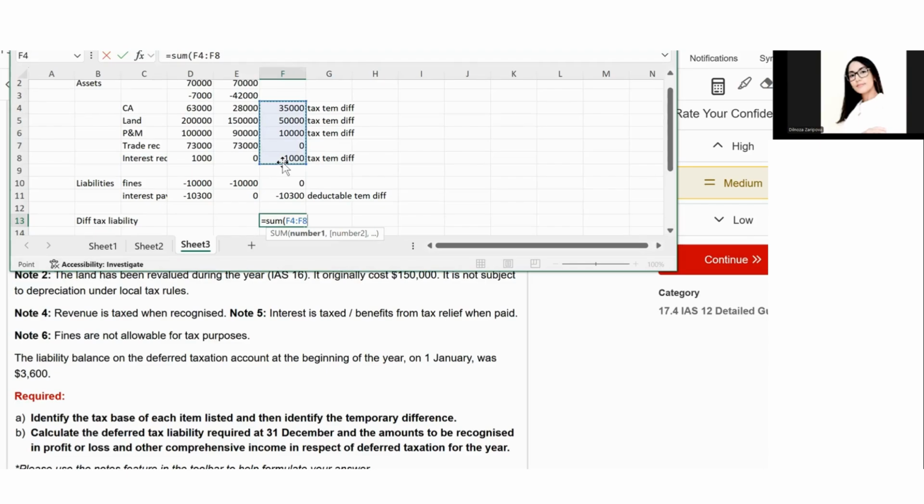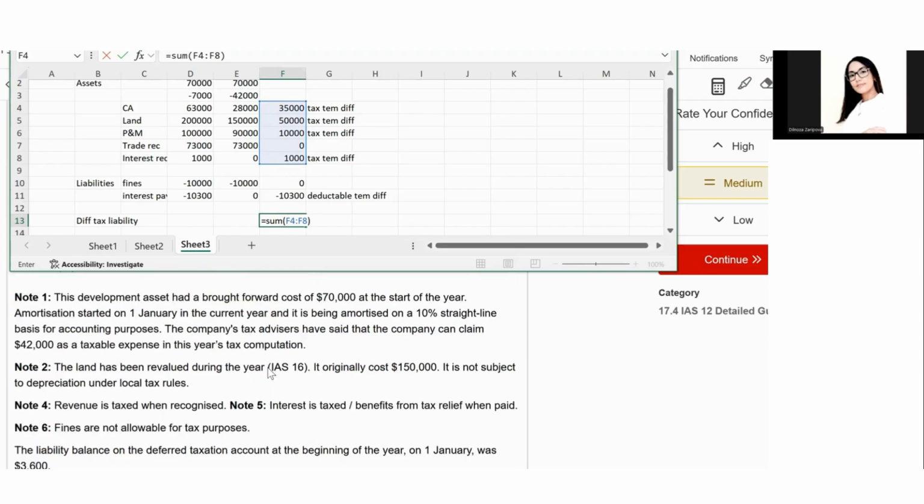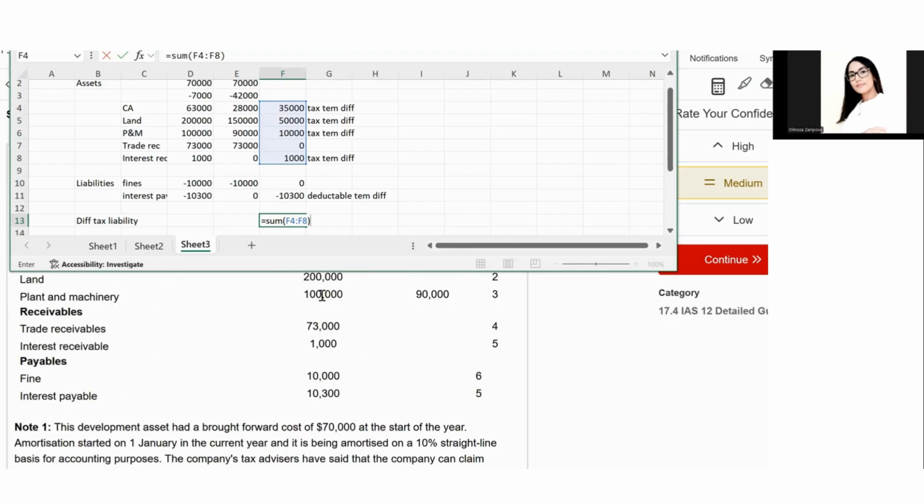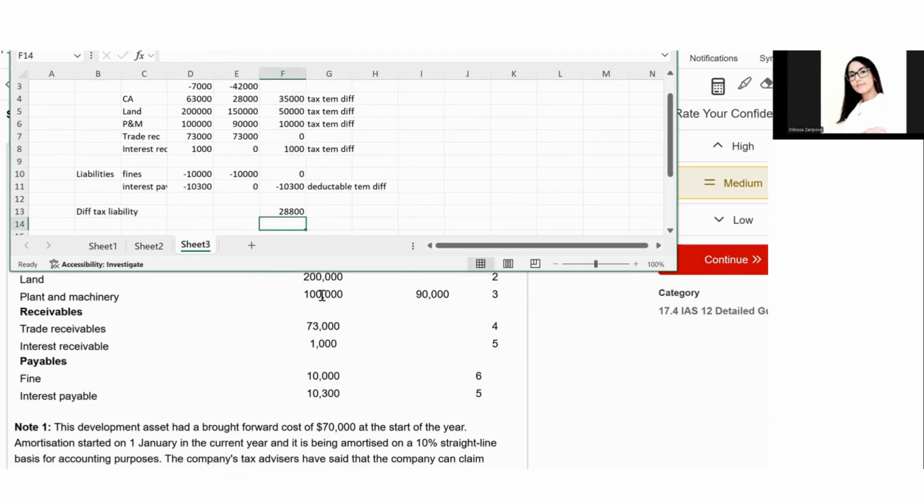Taxable temporary differences will give us deferred tax liability, and we are applying 30% because it said 30% tax rate. So multiplied by 30%, we're going to have 28,800 tax liability. And deferred tax asset: only this one multiplied by 30%.